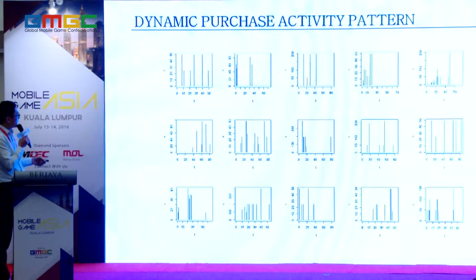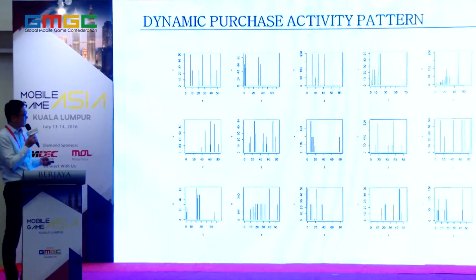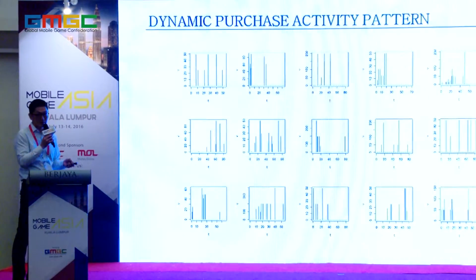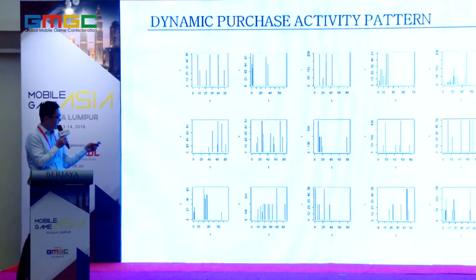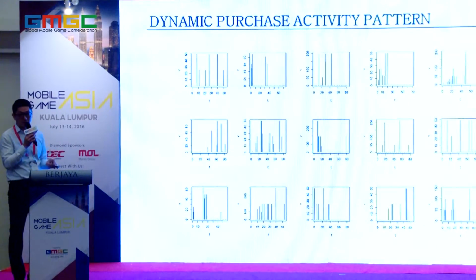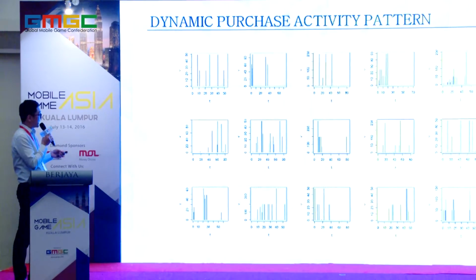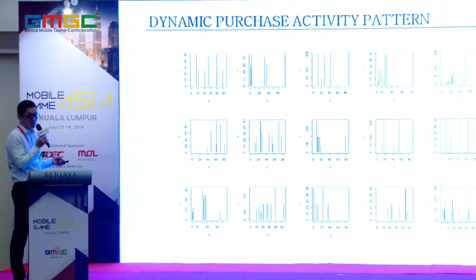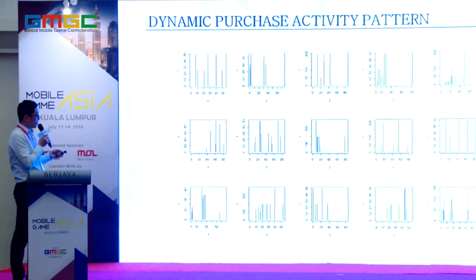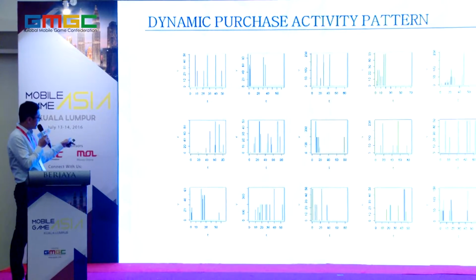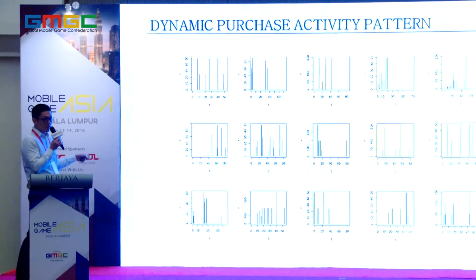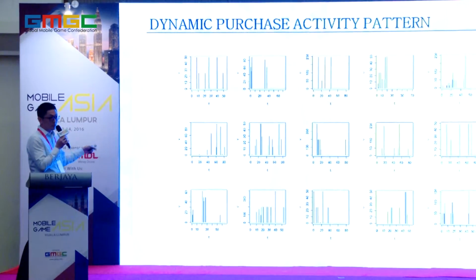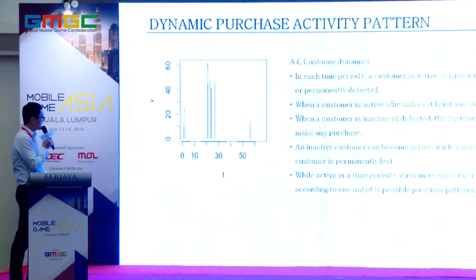So here we try to understand the purchase activity patterns from the users. All the graphs shown here were extracted from users based on their purchase activity pattern. On the x-axis is the time when the purchase activities happened, and the y-axis is the value of each purchase.